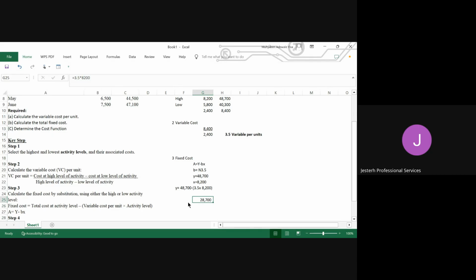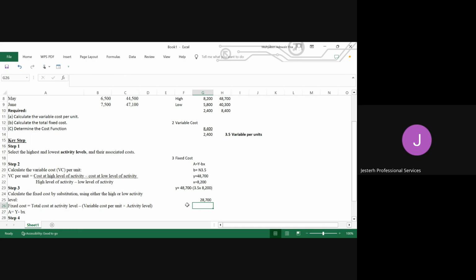It means the variable cost to produce 8,200 units in this product is 28,700. Now, remember that they have already given us our total costs.